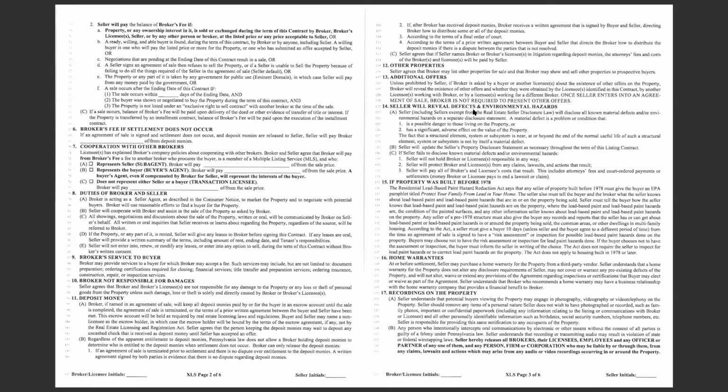Or if the seller is unable to sell the property because of failing to do all things required of the seller in the agreement of sale, such as a seller's default, or the property or any part of it is taken by the government or public use known as eminent domain, in which case seller will pay from any monies paid by the government, or the sale occurs after the ending date of the contract. The sale occurs within blank days of the ending contract.